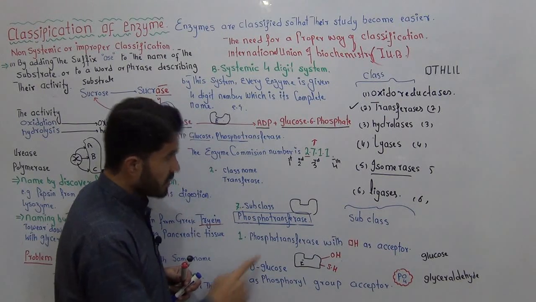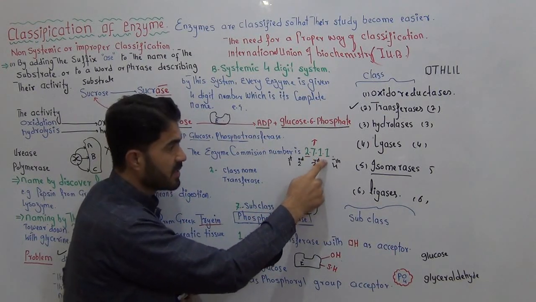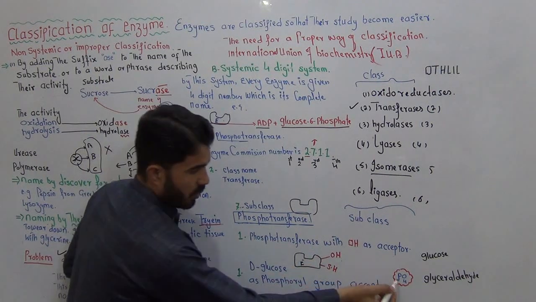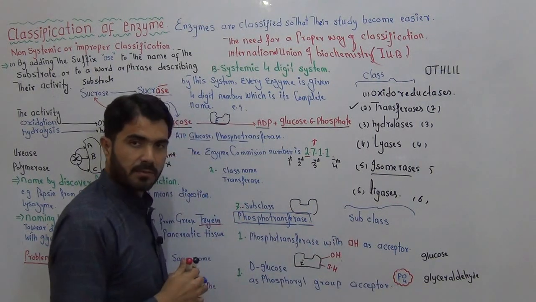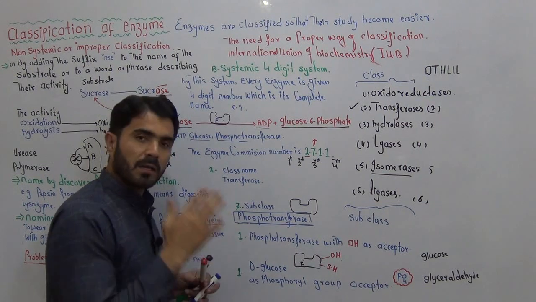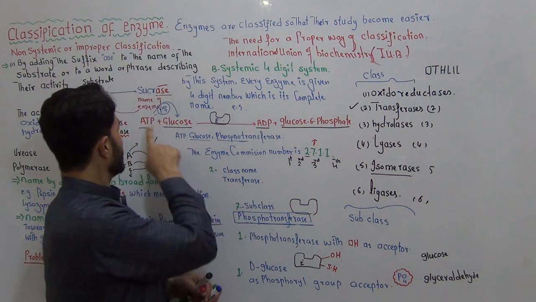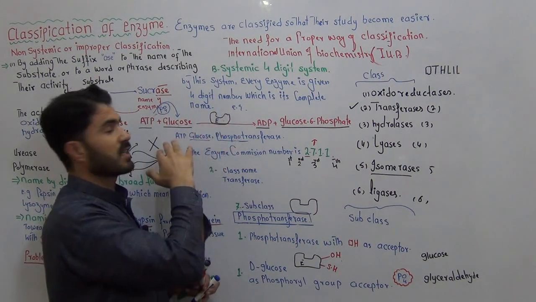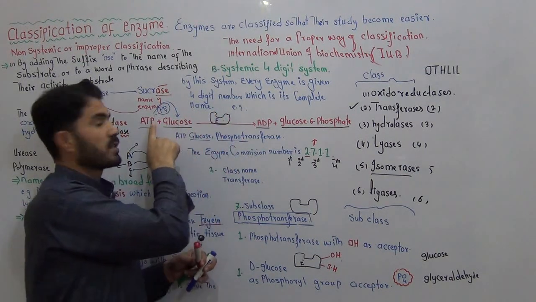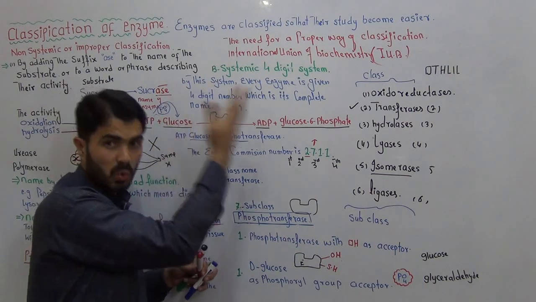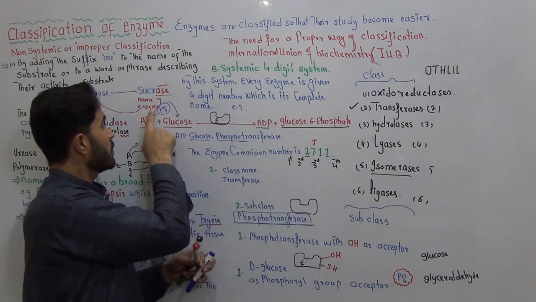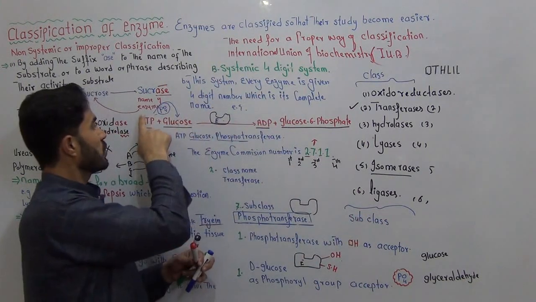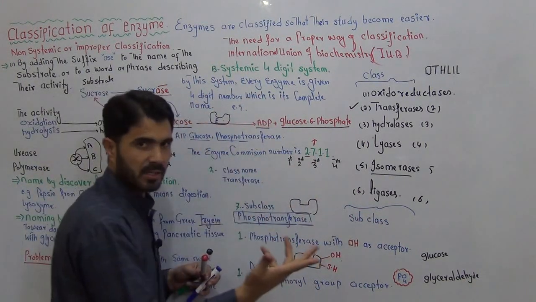Then the last digit is again 1. The last digit tells us that, okay, you have the phosphate which is going to be transferred. We know that there is a phosphate and it is transferring, but we don't know what it is transferring to. The phosphate group can be transferred to glucose, to fructose, or to any other molecule.